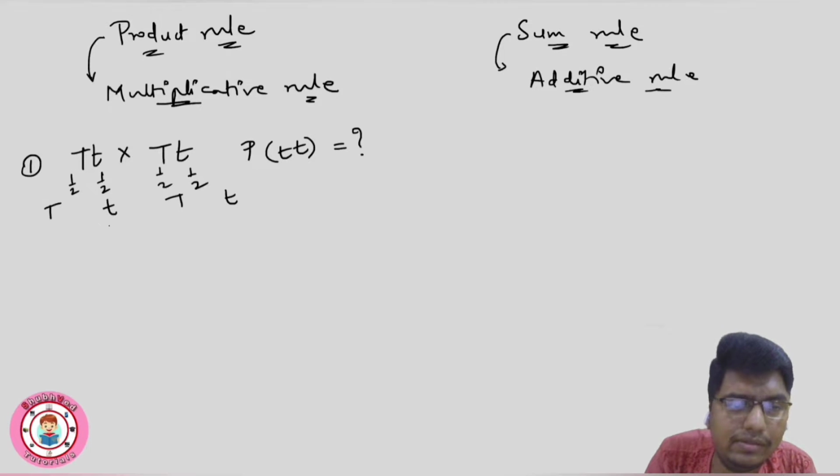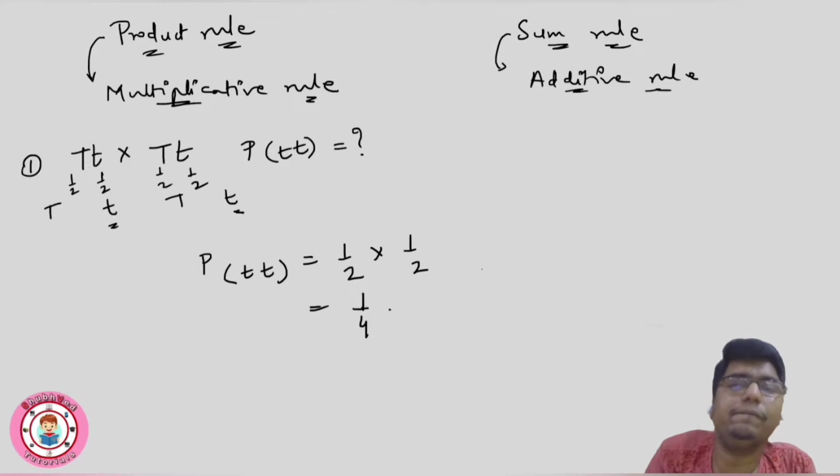We want to consider this and this, small t, homozygous recessive. Then the probability of small t, homozygous recessive, is equal to 1 upon 2 into 1 upon 2, that is 1 upon 4. Got it? So this is how we will find it.